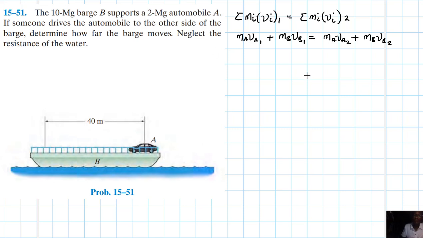Of course, in this particular state the vehicle is moving, and then in the second state, we are saying there is no motion.